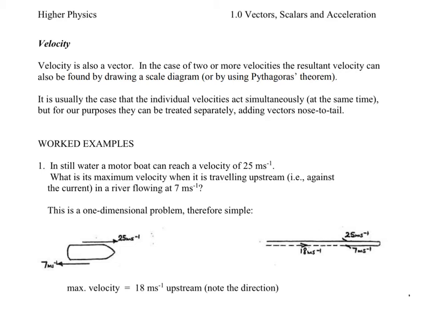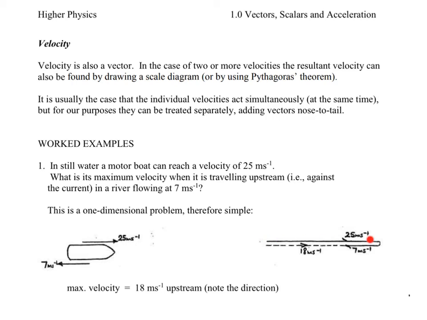So because it's one-dimensional, it just becomes a lot simpler. All we're really doing is we're combining the two vectors together. You can look at it as though we're just subtracting 7 meters per second from 25. Okay, that gives you 18 meters per second upstream, or you can actually draw it out in full as a vector drawing, as we can see here.